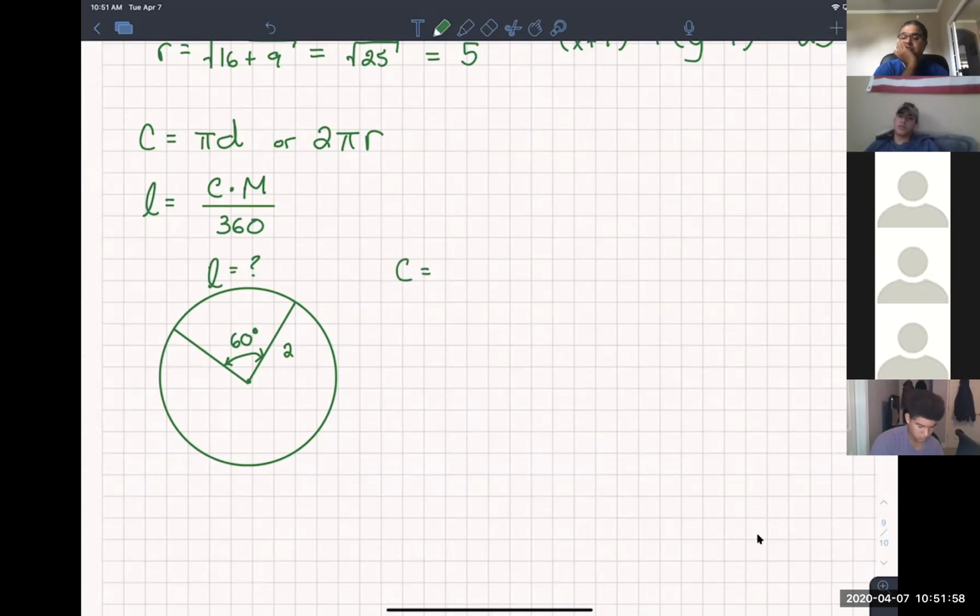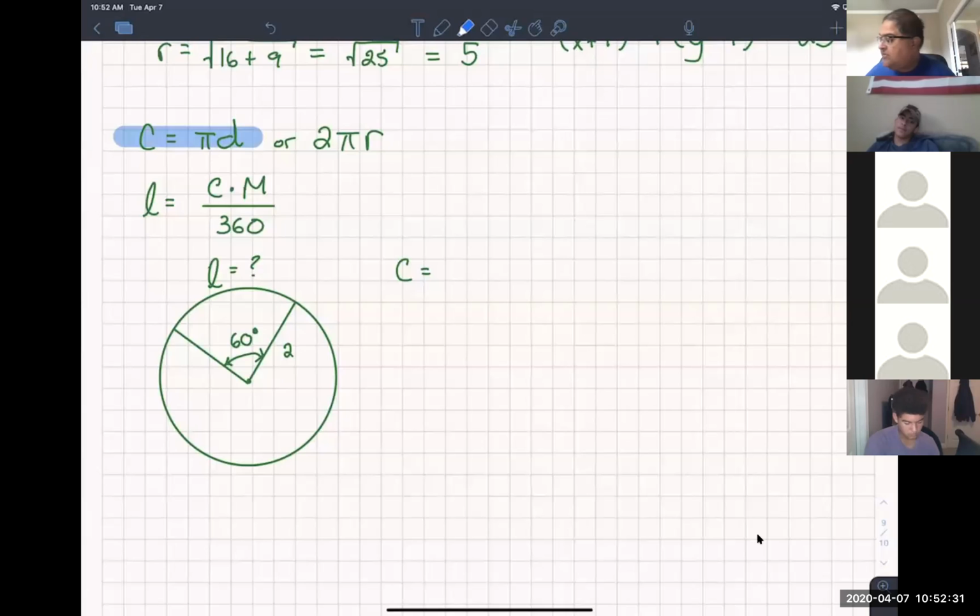Anyone? What would the circumference of the circle be? Circumference. So remember, the circumference is the perimeter of the circle. What is the formula for circumference? Pi times diameter.